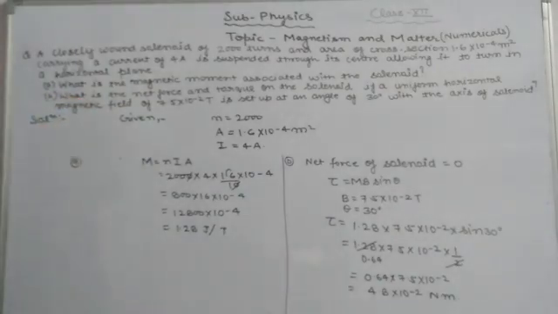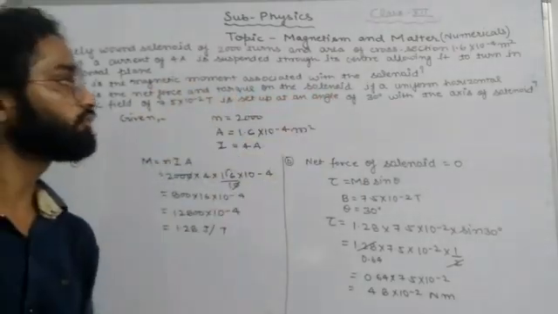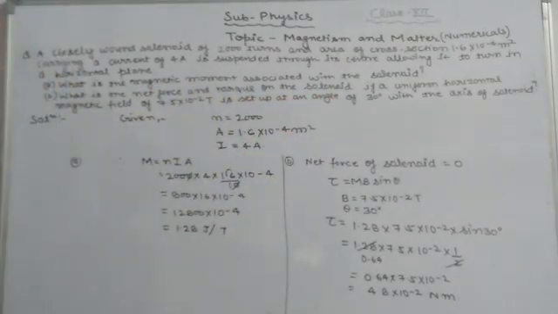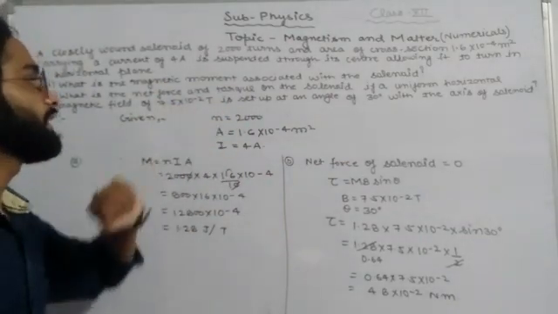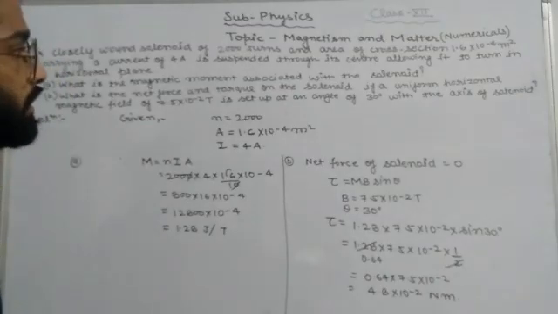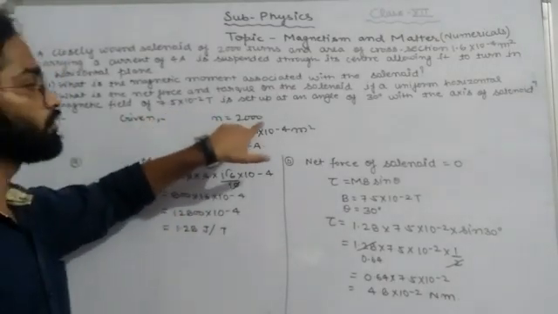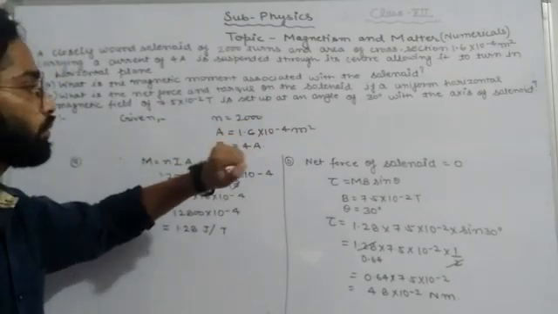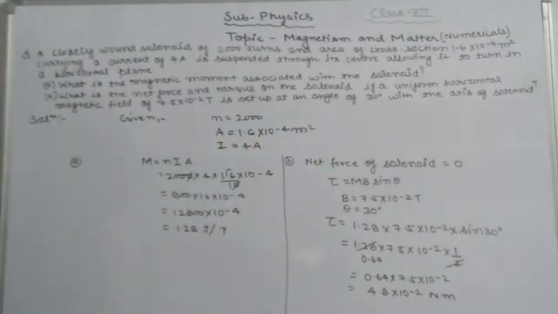What is the magnetic moment associated with the solenoid, and what are the net force and the torque on the solenoid if a uniform horizontal magnetic field of 7.5 × 10^-2 Tesla is set up at an angle of 30 degrees with the axis of the solenoid? The given values are N equal to 2000 turns, A equal to 1.6 × 10^-4 m², I equal to 4 ampere.